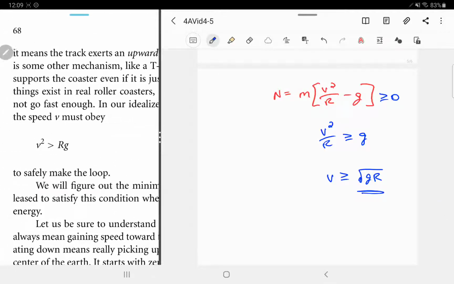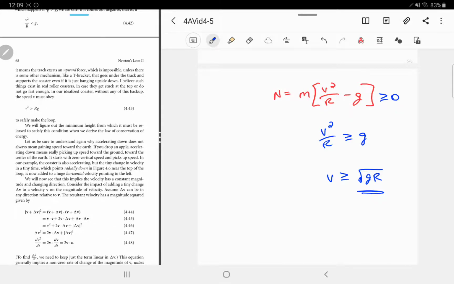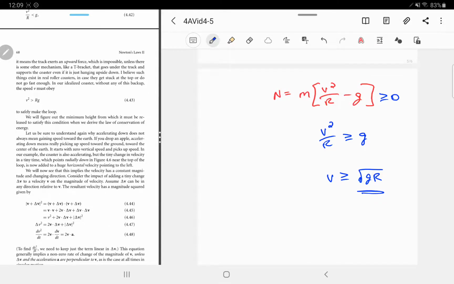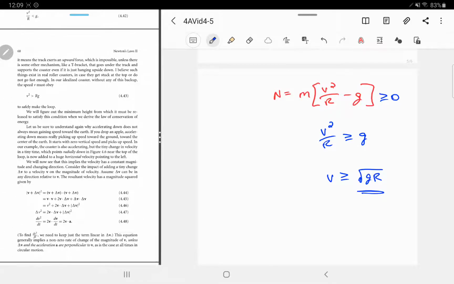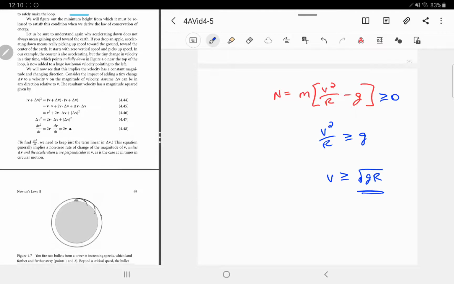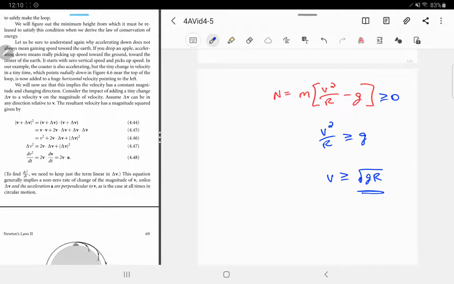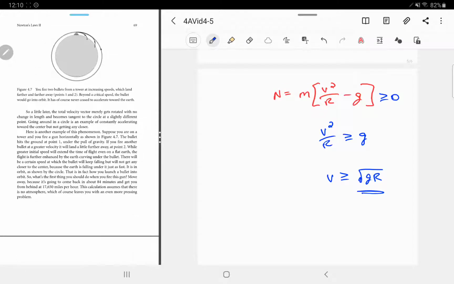So your book solves for that as well. In our idealized coaster without any of this backup, the speed must obey that to safely make the loop. I don't know why they made it a strict inequality rather than greater than or equal to, but it doesn't really matter so much. And then your book reiterates that the velocity and the acceleration are perpendicular here for uniform circular motion. Okay.